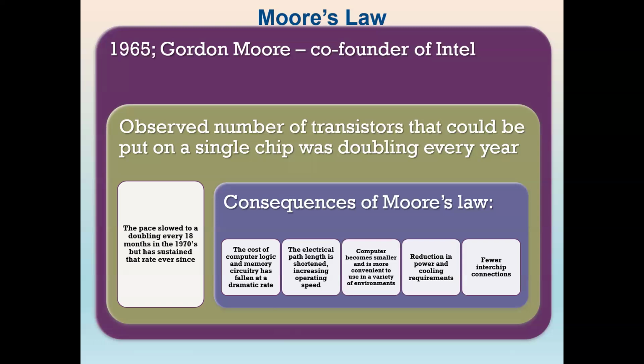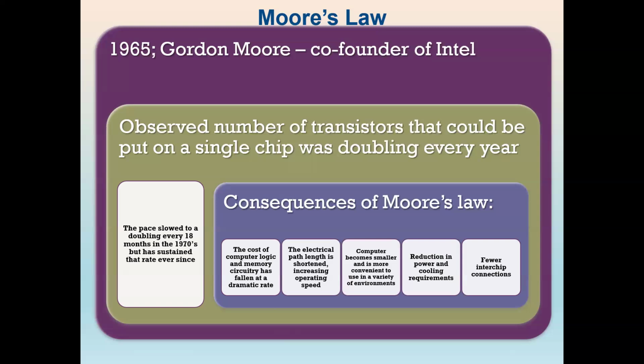Because logic and memory elements are placed together or very close together on more densely packed chips, the electrical path length is also shortened. And if the electrical path becomes short, this means we are going to increase the operating speed of the computer.